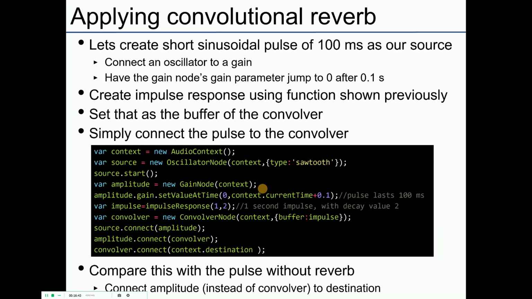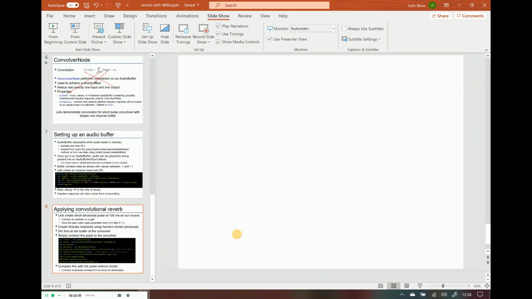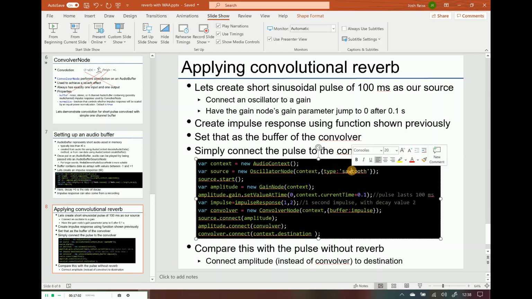If the decay value is 1, then what we're basically doing here is having the values linearly decay over the whole duration from 1 to 0. But as long as the decay is greater than 1, then it decays exponentially.